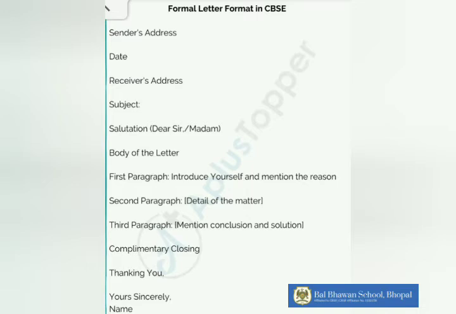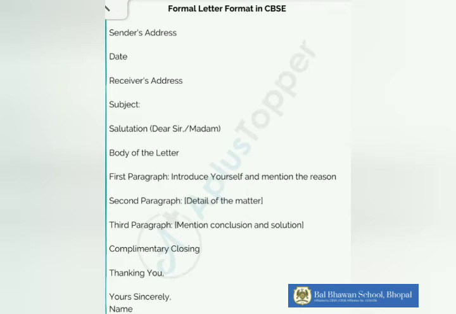The body of a formal letter has 3 paragraphs. First paragraph is the introductory paragraph, where you need to introduce yourself and mention the reason of writing this letter. Second paragraph, mention the details of the matter, the purpose of writing this letter.